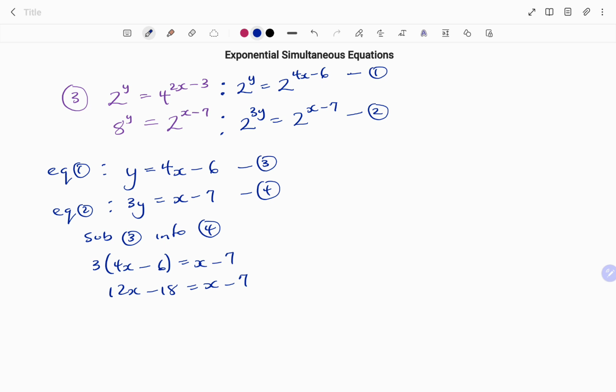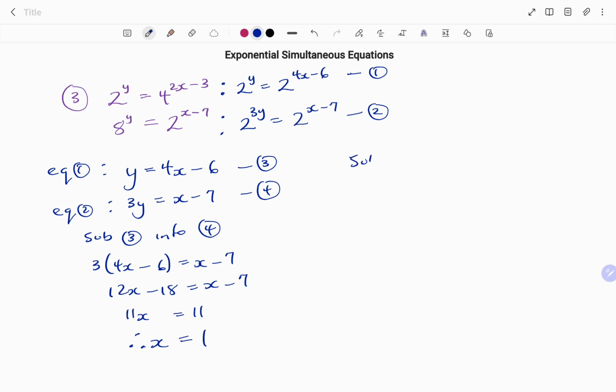Collecting like terms, 12x minus x, that's 11x, equals, if I move minus 18 to the other side, balance method, that will be plus 18 minus 7, which is 11. Therefore, dividing both sides by 11, x equals 1.